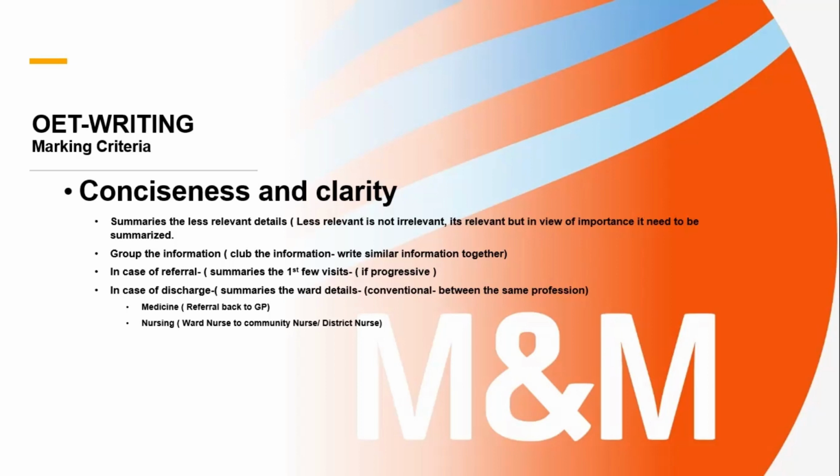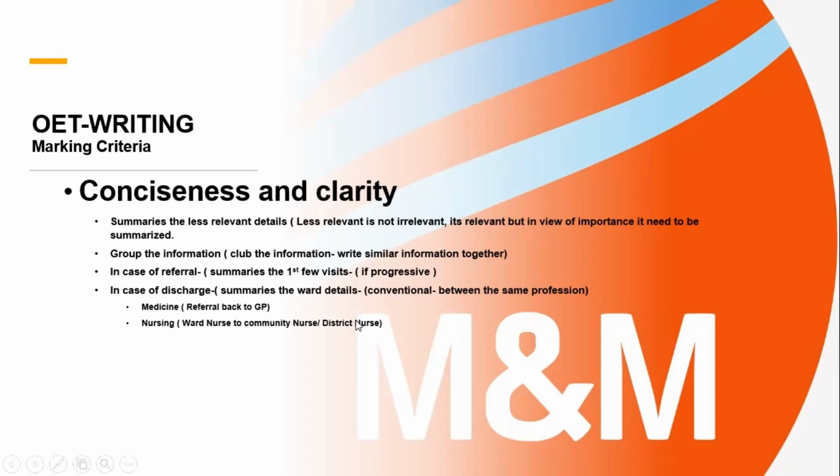It is imperative for you to understand that the sequence of the information in the case notes might not be that important. Keep in mind that you need to organize as per importance. So, similarly, the ward details and the rehabilitation should be summarized, and the discharge plan should be expanded.